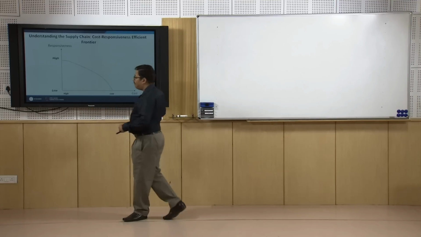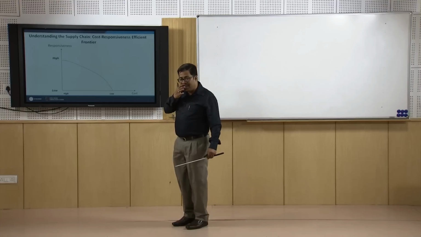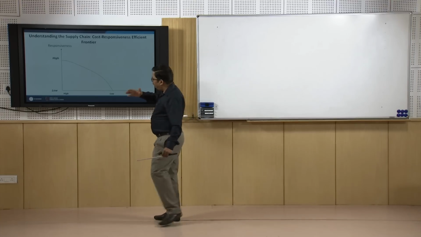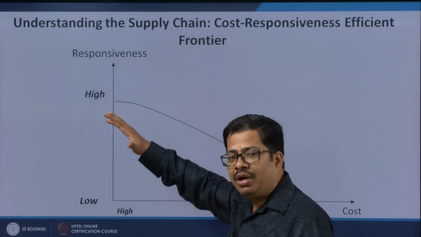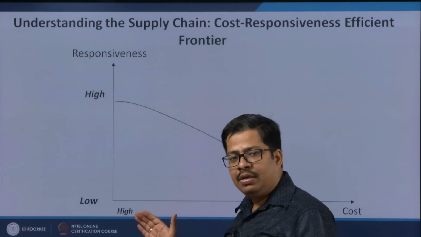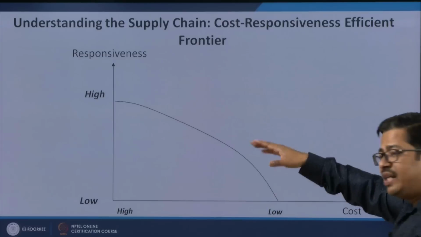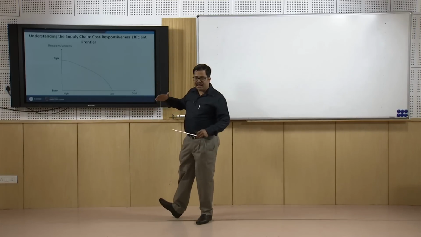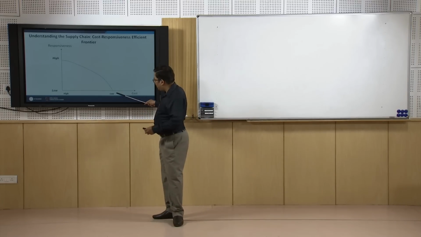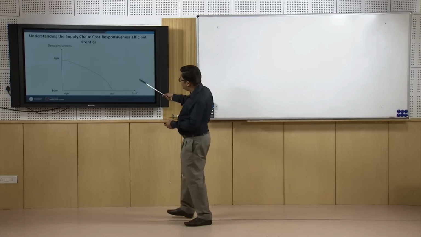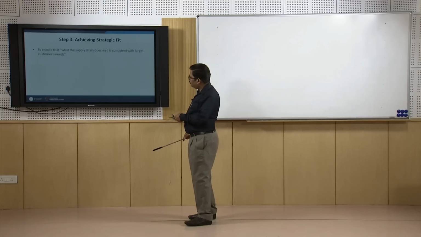But most of the time in real life we see that if you have high responsiveness in your supply chain, you have low efficiency, but this is the most ideal situation which is desirable in any kind of supply chain, high responsiveness and high efficiency. So, this is that curve.